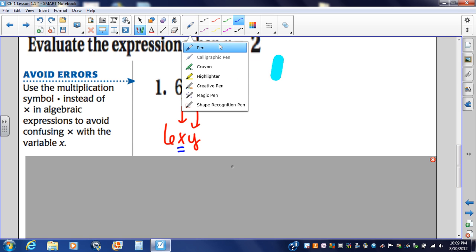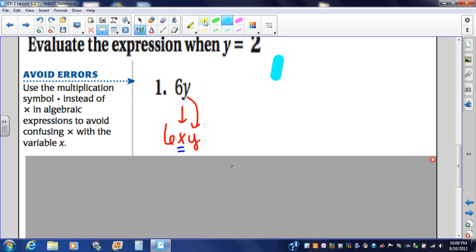So over here we have a little note. You don't have to write it down, but just read it. When we're using a multiplication symbol, we might want to use the dot instead of an x to avoid confusing the multiplication sign with the letter x.